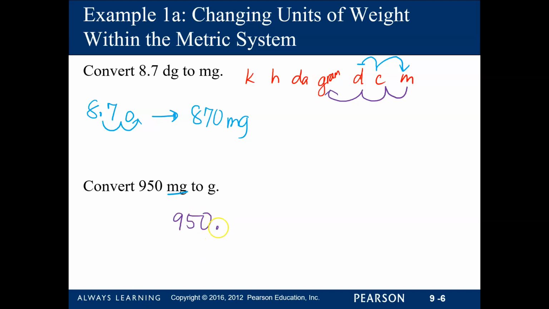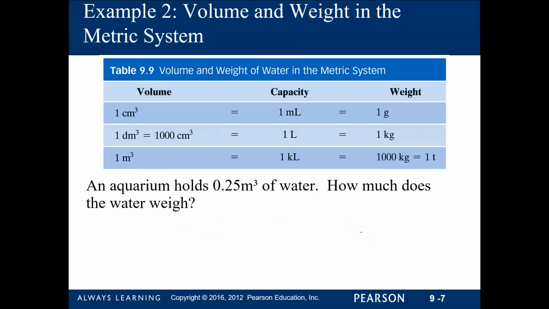So from here, we need to move 3 decimal places, which means 950 milligrams is equivalent to 0.95 grams.